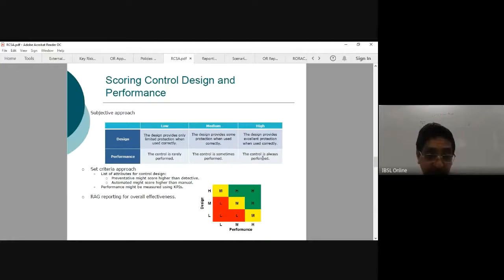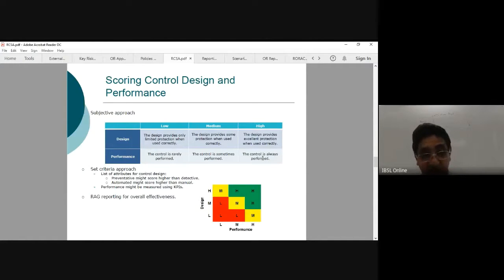Then, for the control scoring, the strength of the control is taken through a particular score. The scores are given on the basis of design and performance of the controls, and that will have a color code to give the assessment. So you can see, when the design is low and the performance is low, it is red.